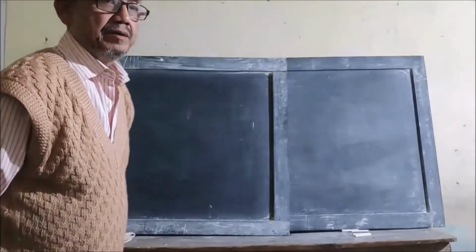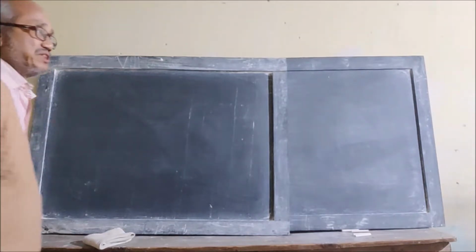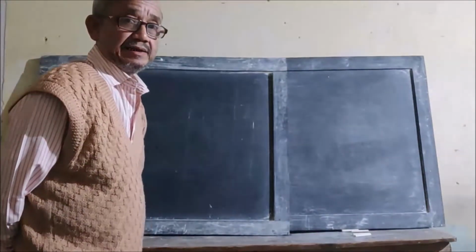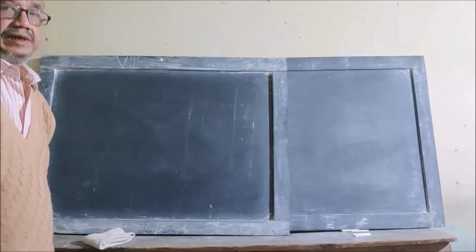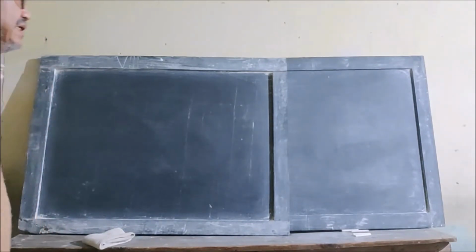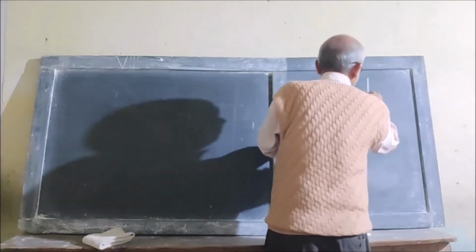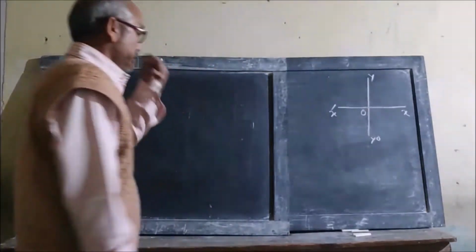Today I am going to discuss the sign convention of the Euclidean plane. To explain this chapter, we first have to draw the figure here.